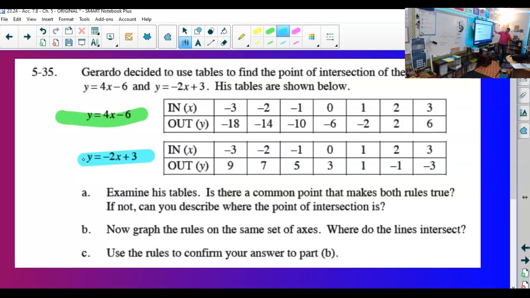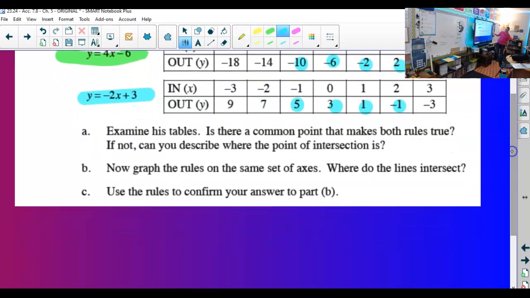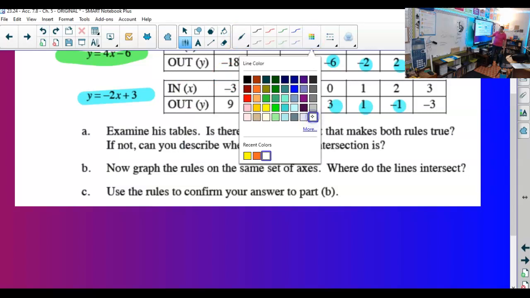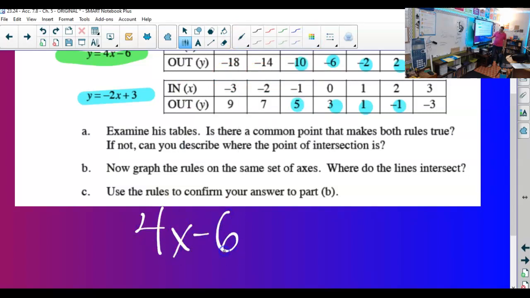But I haven't yet found this, I need the y's to be the same when the x's are the same. It's not happening. So instead of using the table, because that's not efficient, we want to be efficient, let's set up 4x minus 6 equal to negative 2x plus 3.